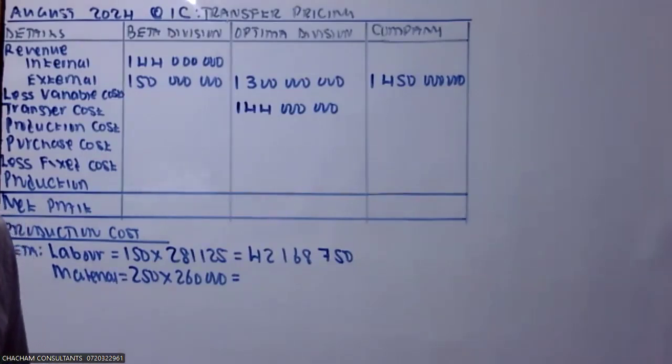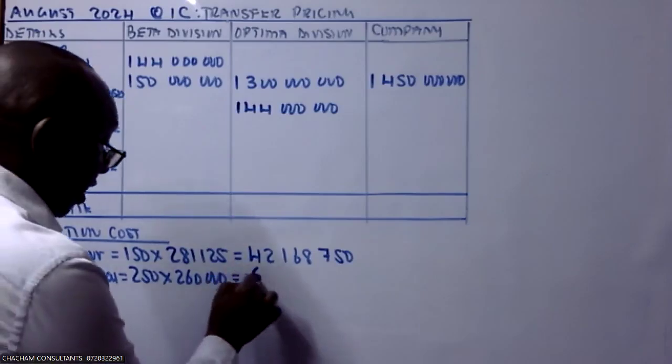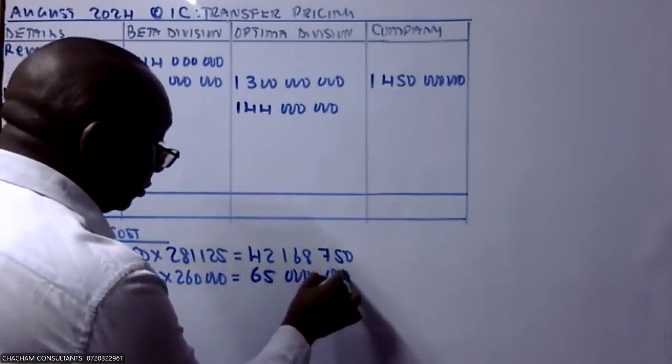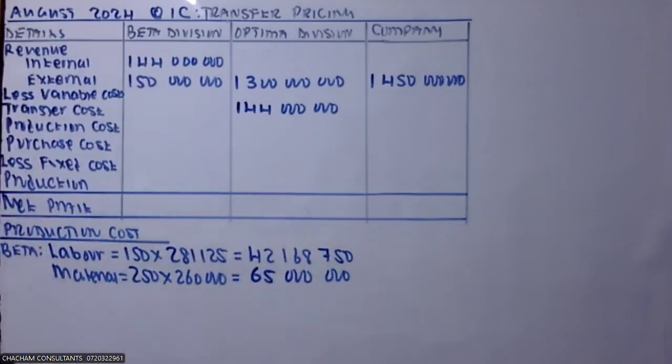Same 250 times 260,000. Getting 65 million.